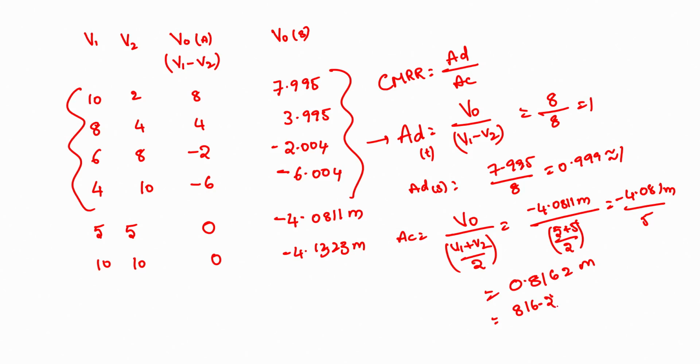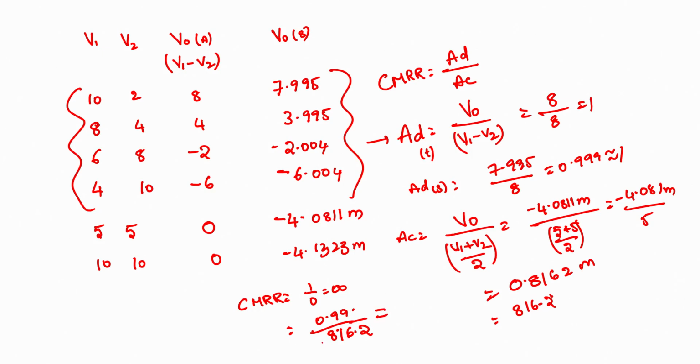Now, if I want to calculate CMRR, theoretically, when I see, it should be AD by AC, 1 divided by 0, which is infinity, but practically is it the same? Let me see. The differential gain is 0.999 or 0.998 or 0.99 divided by 816.2.